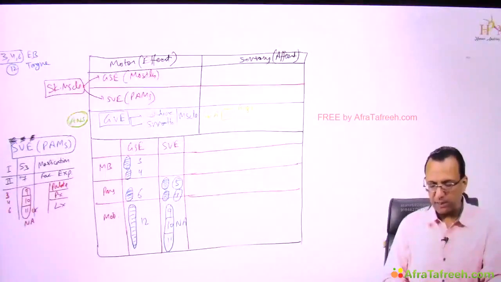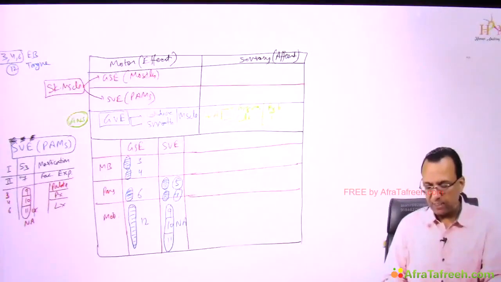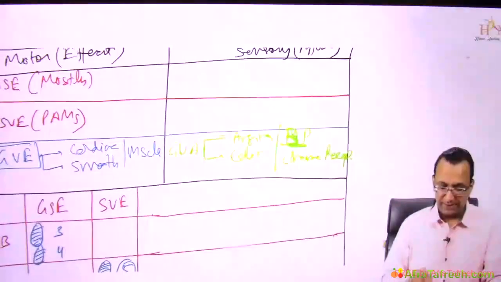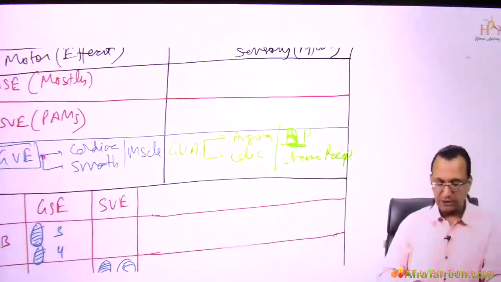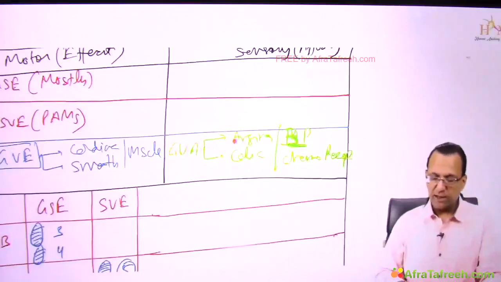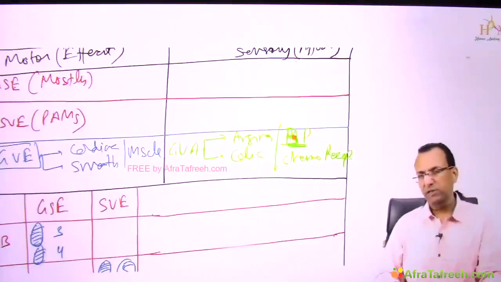Yeah, not only angina pain, colicky pain, but it is also for blood pressure and chemoreception, if you remember. Carotid body and carotid sinus. So you are telling that if there is a GVE, then there's a GVA, G for general, V for visceral, A for sensation, general visceral sensation of the angina pain, colicky pain, and also blood pressure sensation, the carotid sinus.